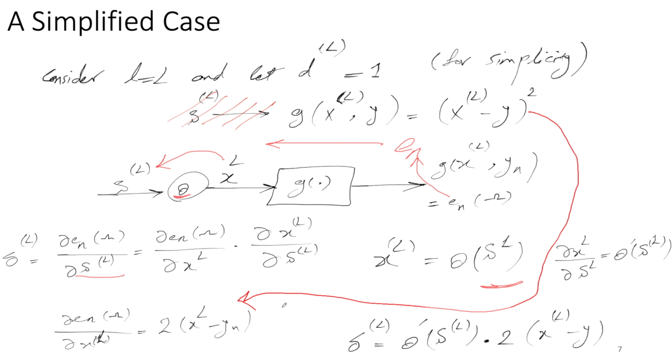So in this simplified case, where we were only targeting the last layer without many S's before, delta L can be computed as theta prime of S_L times the partial derivative of your error function, which in this case was mean square error.